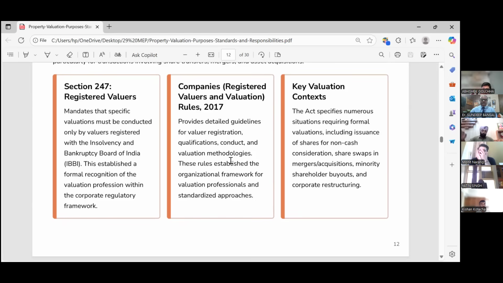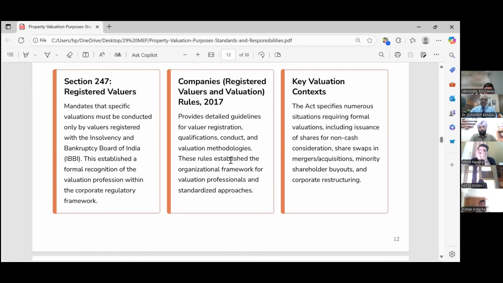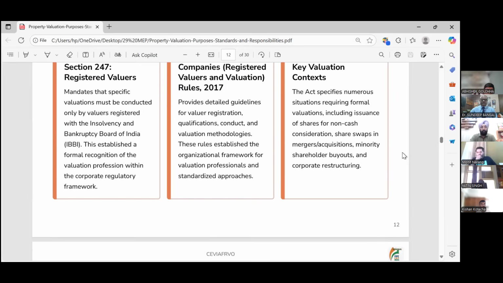In many cases, your valuations are required. So basically, you are required to be conversant with Section 247 and the Companies (Registered Valuers and Valuation) Rules 2017, which we study in the general laws portion. But as of now, you must be conversant with these things.